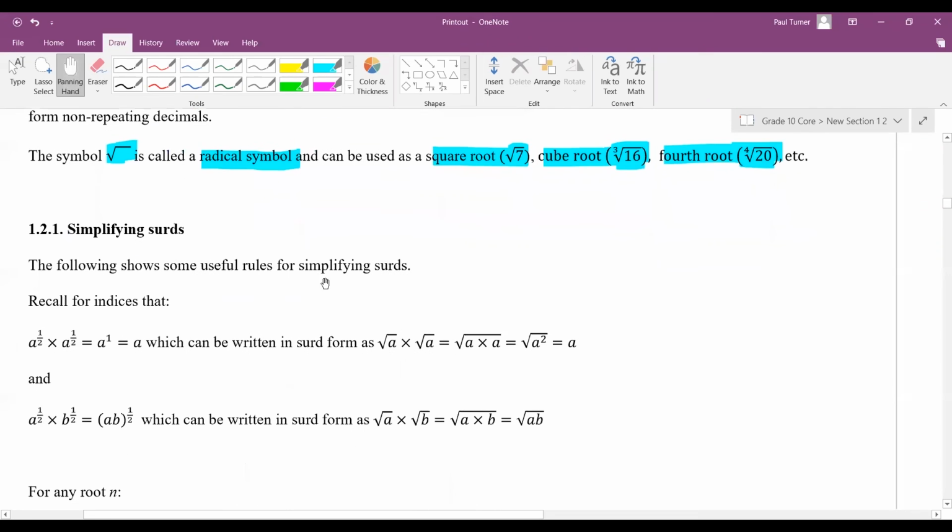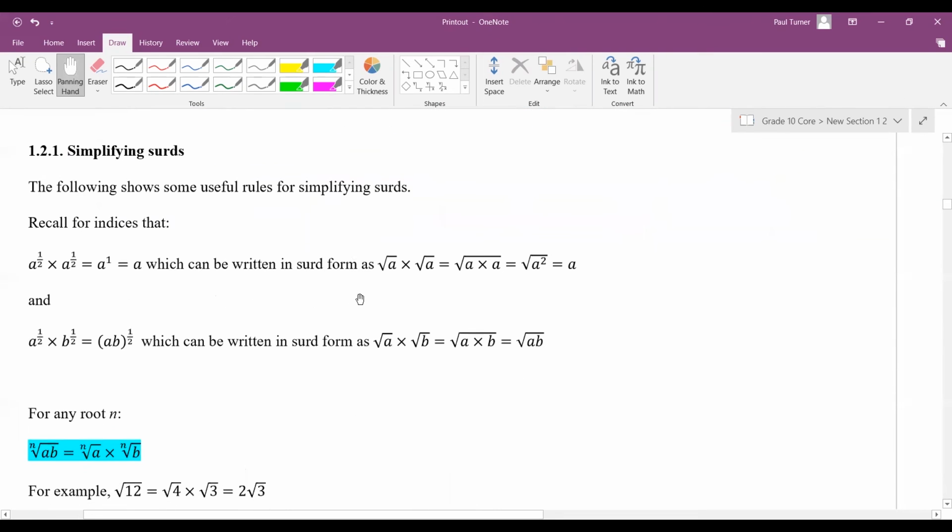So the way to simplify these, we'll talk about this for 10 minutes and I'll do the introduction and we'll do some more work in the next period. So remember here, we've got, for example, a to the half times a to the half is a to 1.